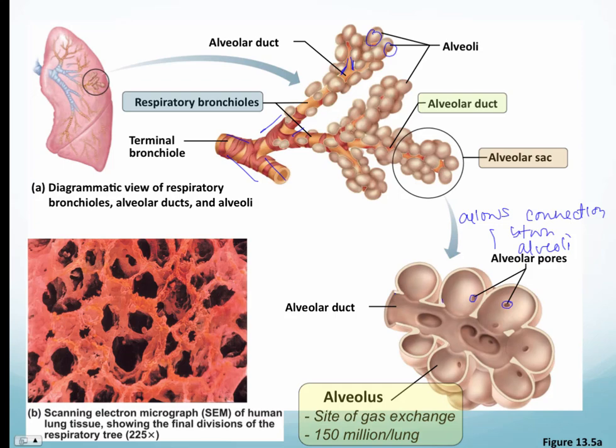Now, how many alveoli do we have per lung? Because it's critical for gas exchange, we have 150 million alveoli per lung. Pretty crazy. And of course, we notice that they have to be pretty thin in order for all that gas exchange to occur. And here is an illustration of all these alveoli, a cross-section of that, which is why they look very porous.